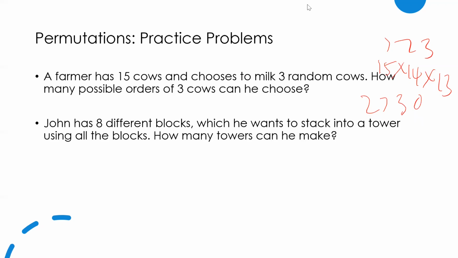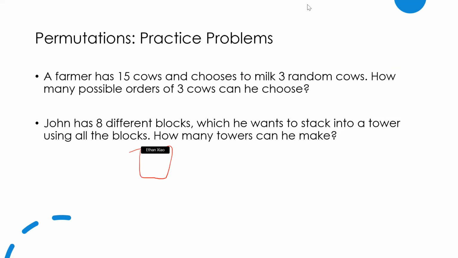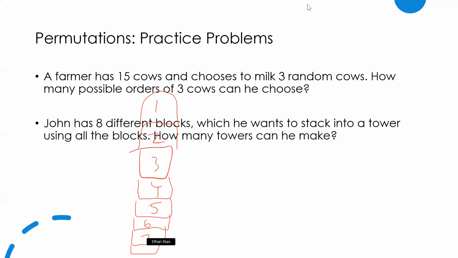All right, let's go over the second one now. Let's just draw a block tower or something. I can't fit all of it, so I'll just draw 2 up here. We have positions 1, 2, 3, 4, 5, 6, 7, 8.